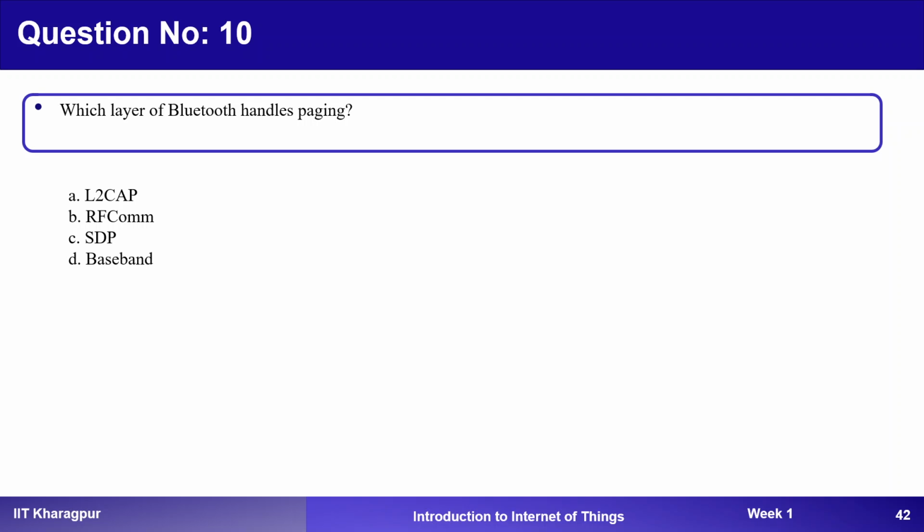Now question number 10: which layer of Bluetooth handles paging? Options are L2CAP, second one is RFCOMM, third one is SDP, and fourth one is baseband. I have already explained this previously. Which layer is responsible? Baseband.